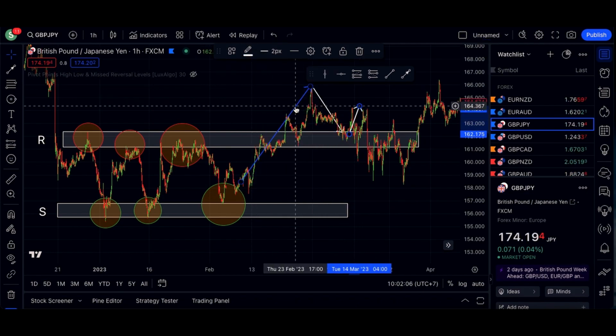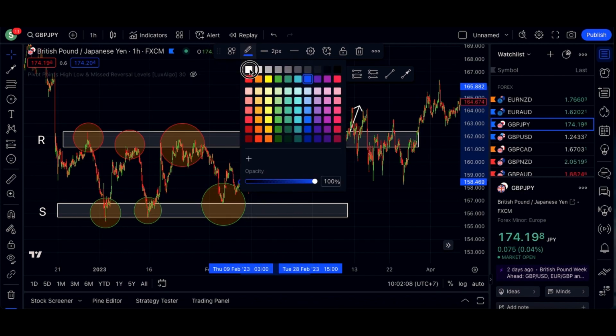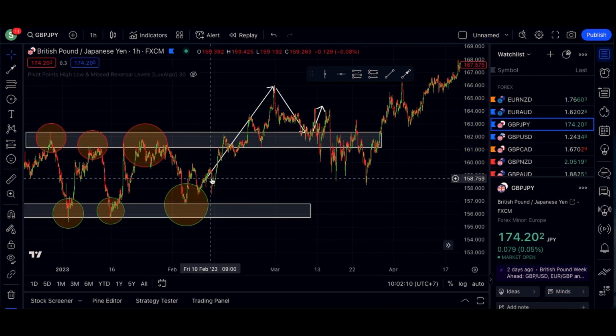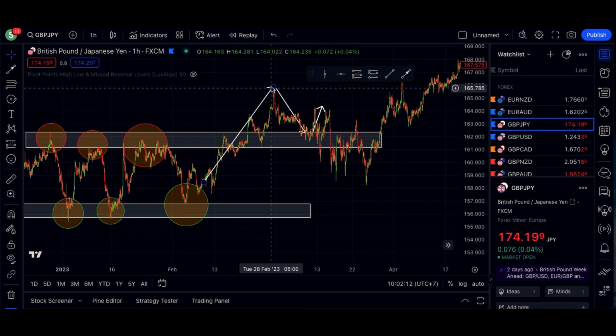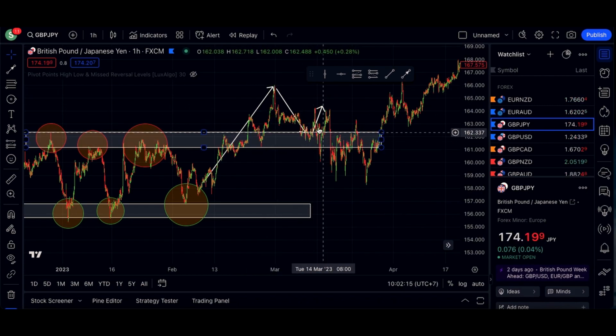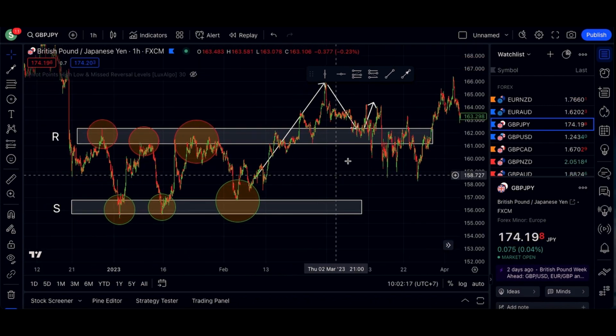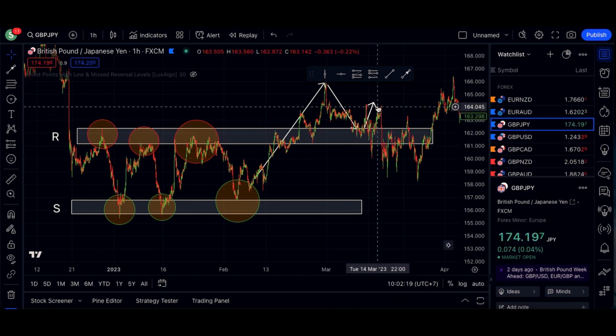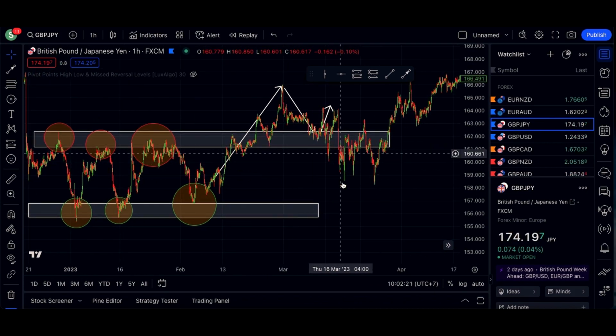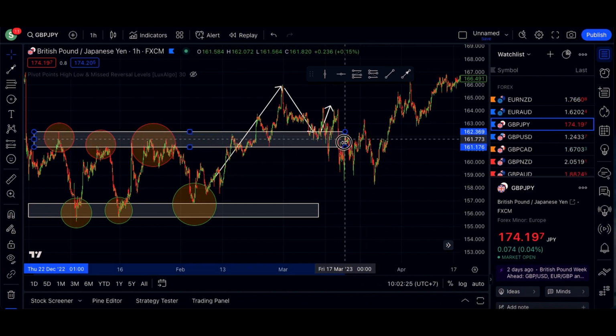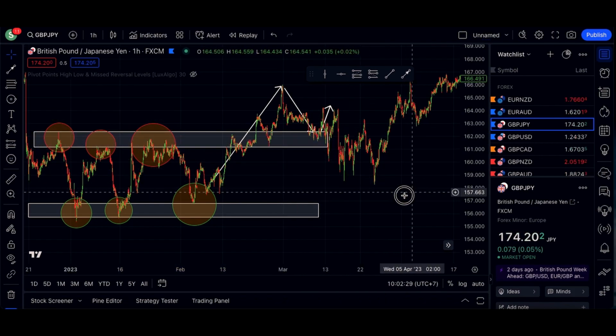Much better, much more visible. So it broke the resistance level, comes back down, and it becomes a support now, at least for a while. And then it gets chopped through back and forth, which invalidates the whole area. So until here, let's say, we could say it's valid, and from here we have new areas.